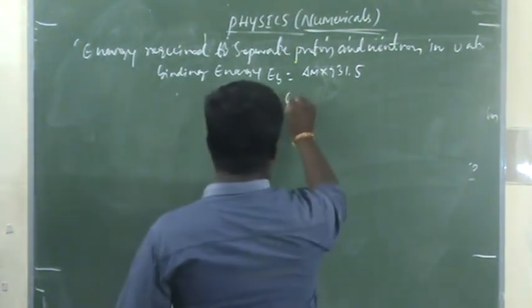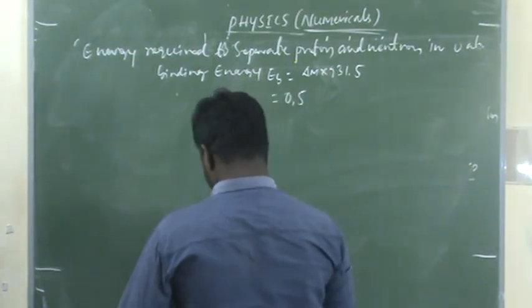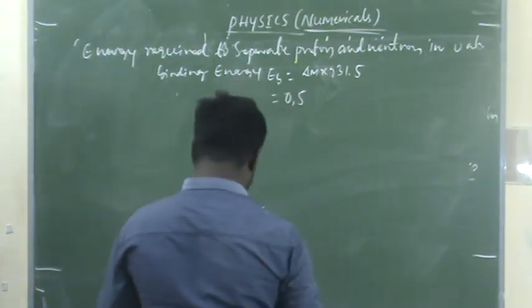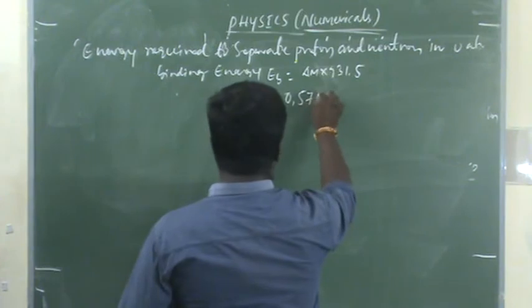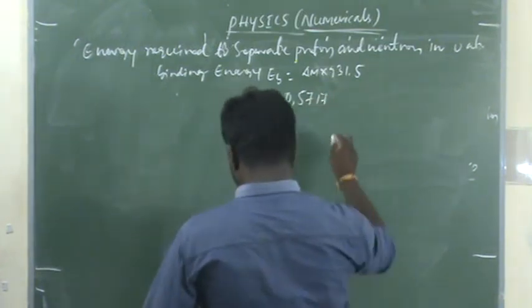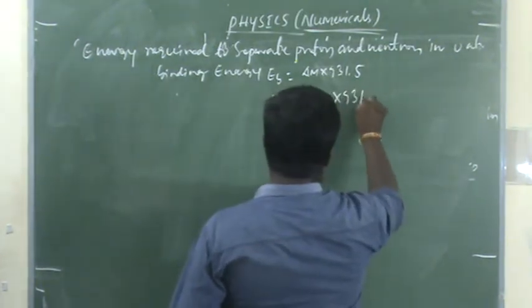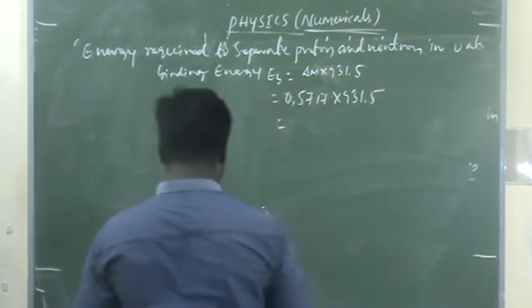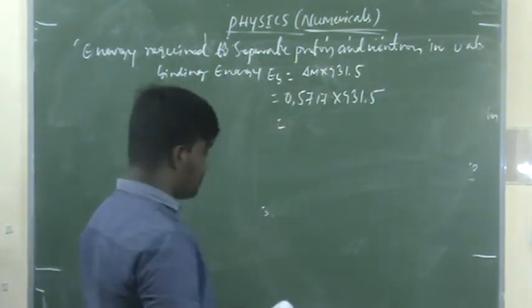Mass defect 0.5717 into 931.5. So what is that value?